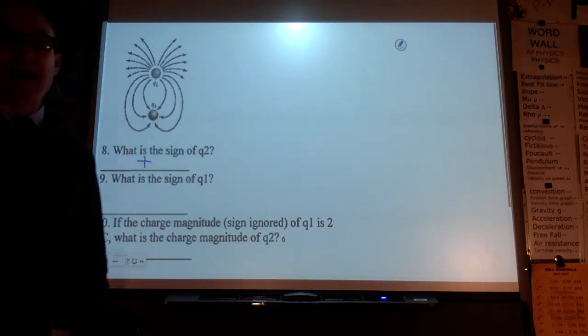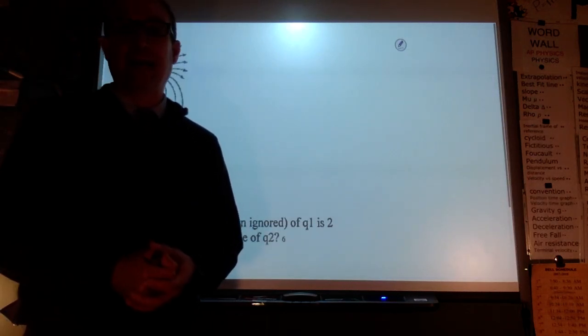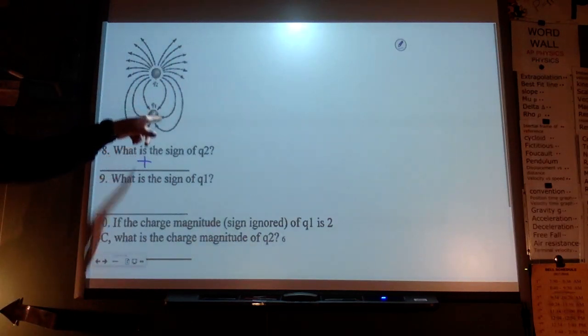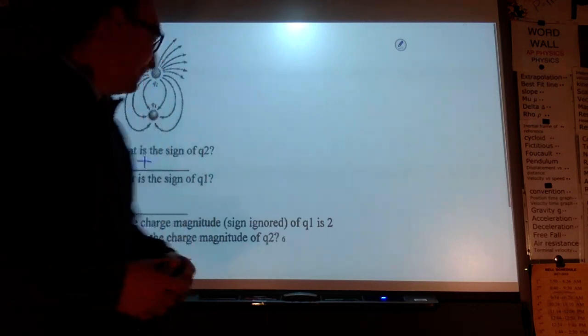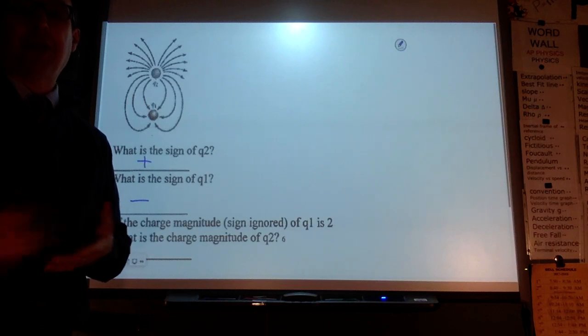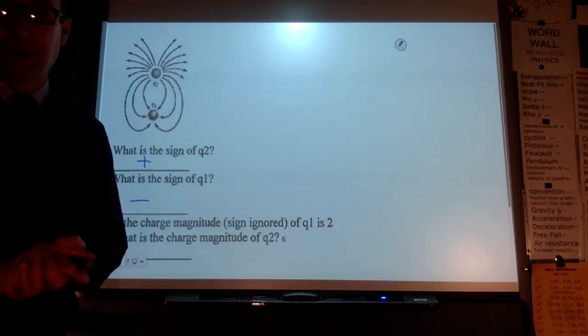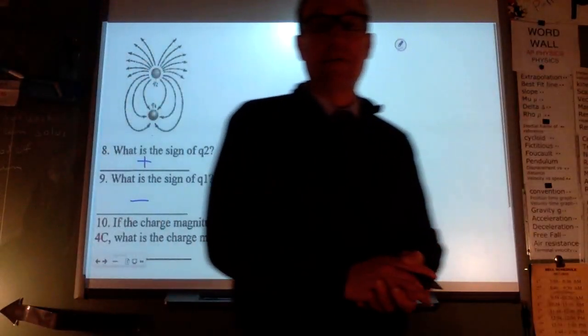So a positive charge would repel a positive test charge. Q1 has field lines going towards it. That would tell me that it is negative. A negative charge would attract a positive test charge. And again, these are arbitrary, but we saw these field lines in the video. You can actually see them, and you probably saw them as well in the PhET.